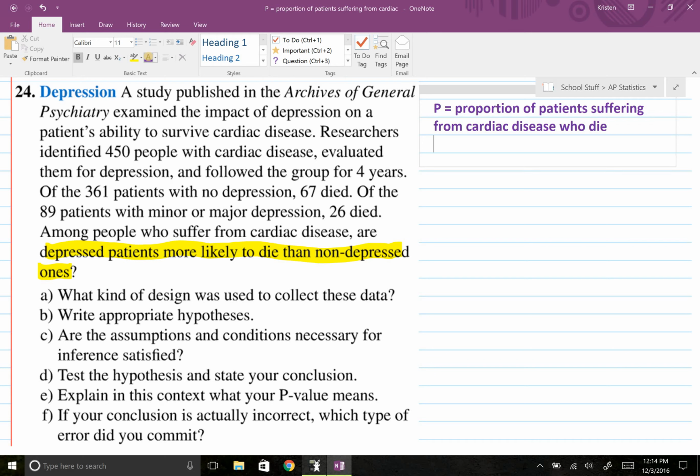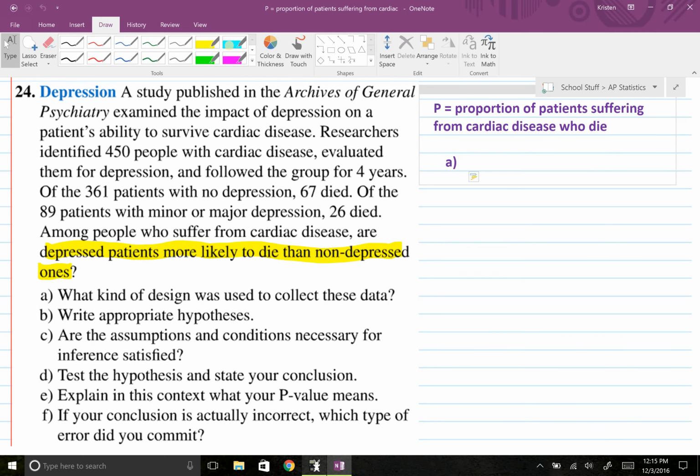Now, my first question here is asking me what kind of design was used to collect the data. And this goes back to our previous chapter on sampling and design of experiments. Now, since we're obviously not actually giving these patients any form of depression, this is something that they naturally have, this is not going to be an experiment. This is an observational study. But we need to understand whether it's a prospective or retrospective observational study.